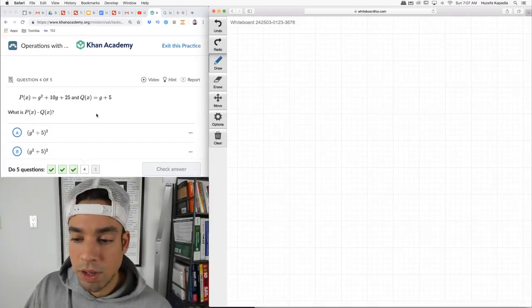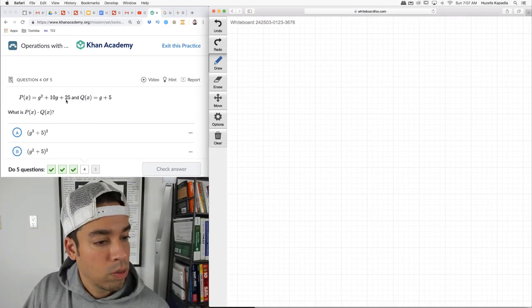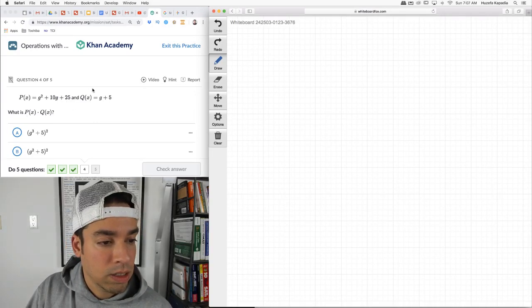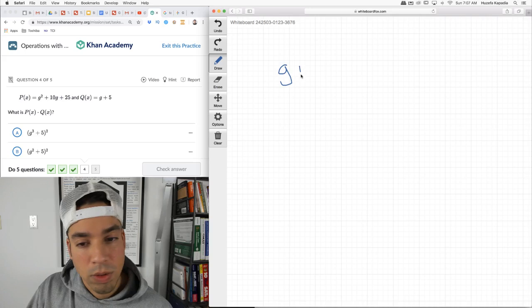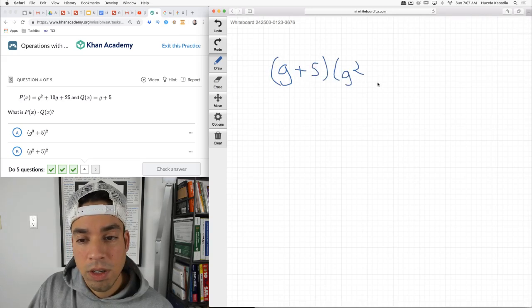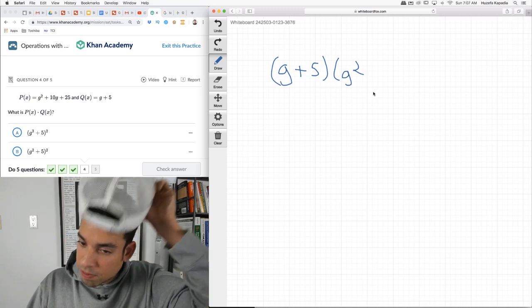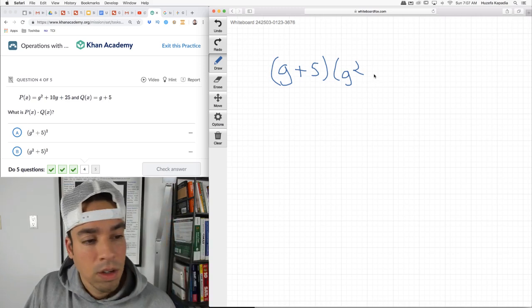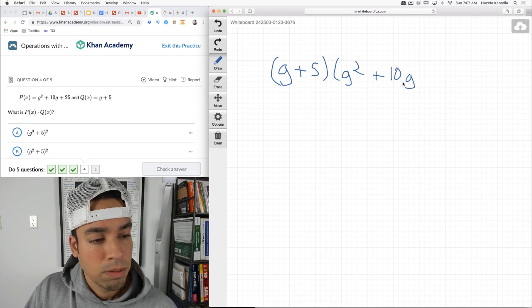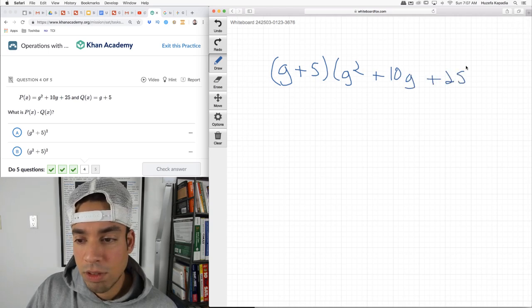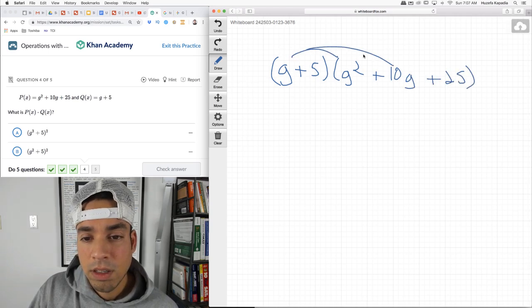Okay, here we go. What is P times X? Basically, multiply this times this, that's it. So we're going to do the same trick as last time: G plus 5 times G squared plus 10G plus 25. All right, here we go.